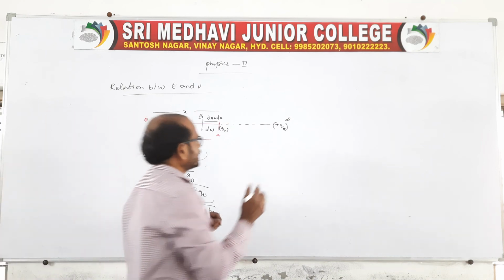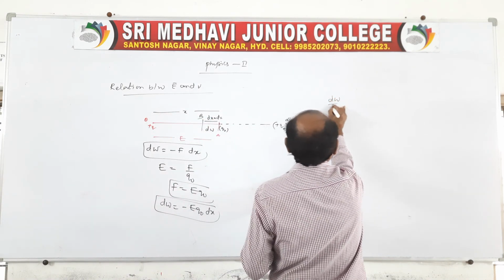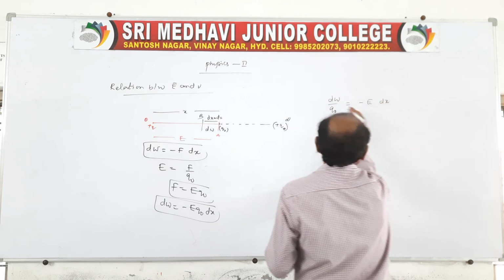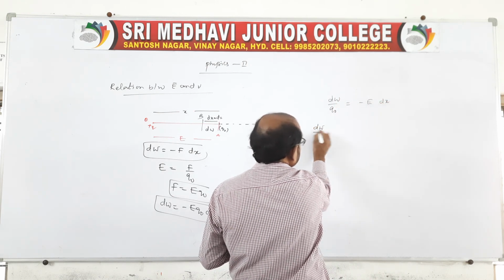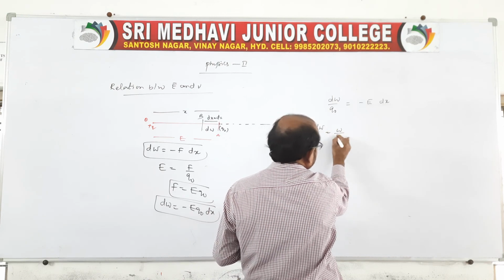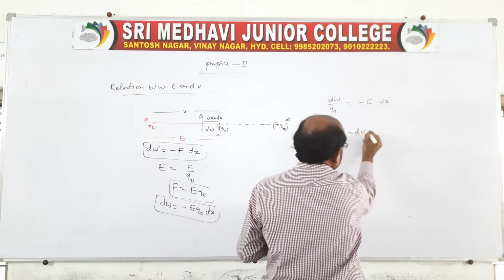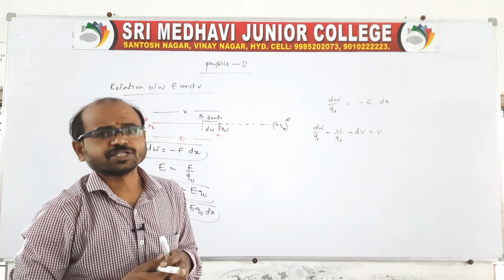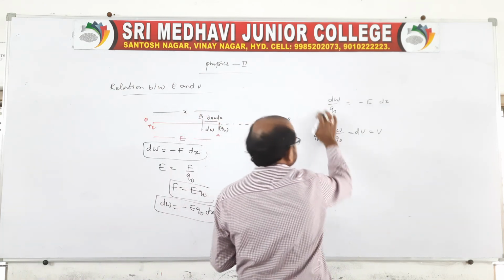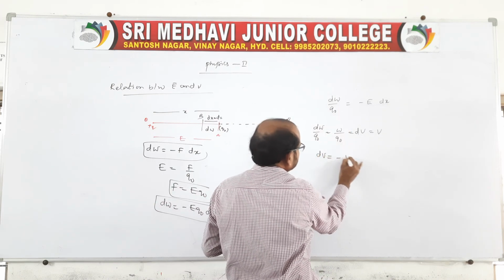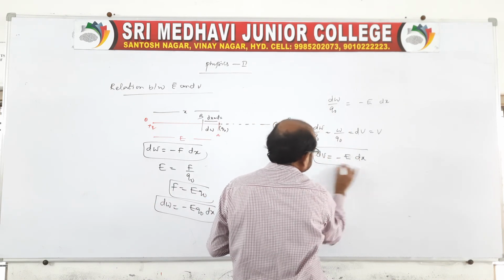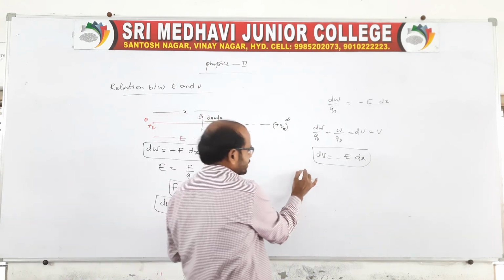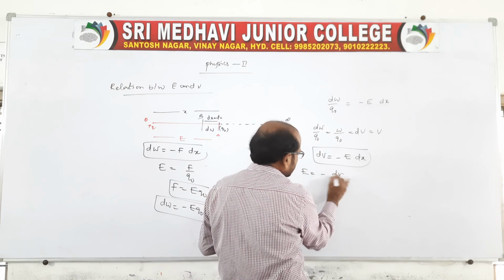Now dW by Q naught is equal to minus E into dx, right? dW by Q naught is nothing but work done per unit charge, so we write dV. It is electric potential. So here you replace this: dV is equal to minus E into dx. It is the relation. So sometimes we also take E is equal to minus dV by dx.